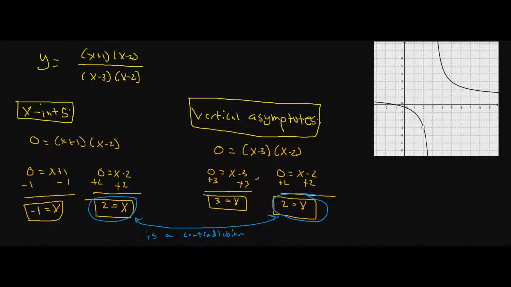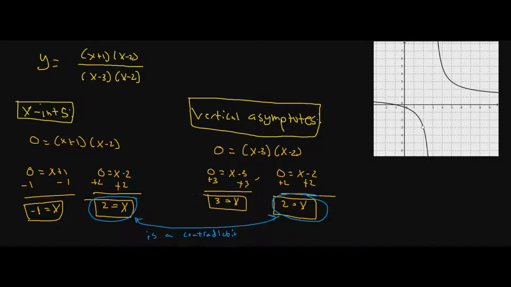It doesn't make sense that we could be both at the same time, because to be an x-intercept means that you need to cross your x-axis, but to be a vertical asymptote means that your function does not touch it there. So if you're an x-intercept, you're touching the function, but the vertical asymptote means you're not touching it.